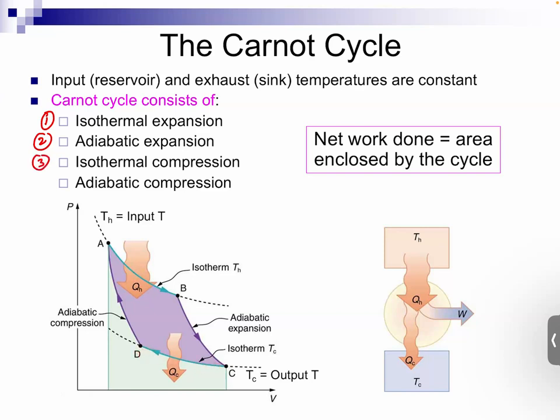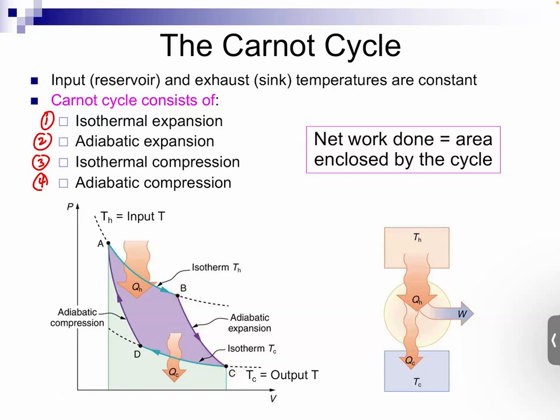That's the third process. And finally, compress adiabatically. So 4 processes involved in the Carnot cycle. But what we can notice is that the processes involved, isothermal and adiabatic, they mostly involve temperatures, right? Isothermal processes, constant temperature, and then adiabatic processes, they go from one temperature to another. They go from one isotherm to another.